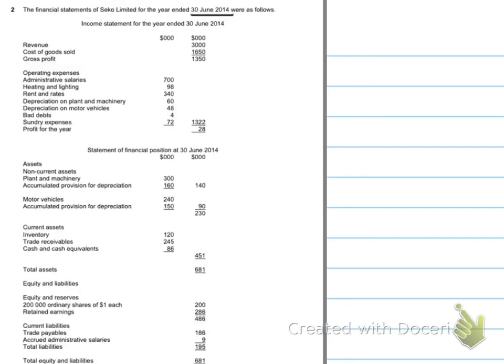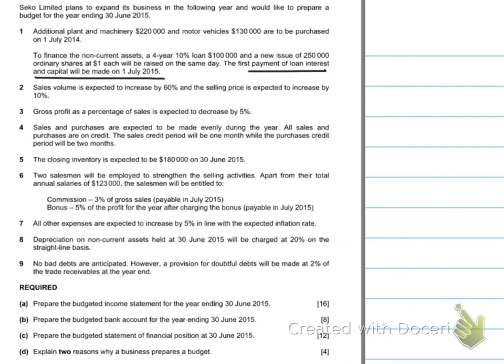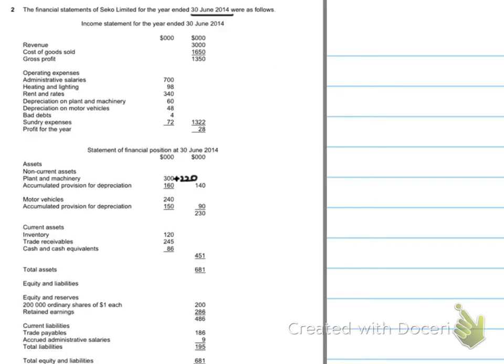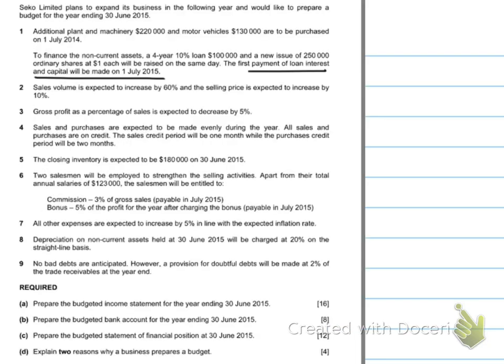So additional plant and machinery, I add 220 here, and then motor vehicles of 130,000. Then it says to finance the non-current assets, a 4-year 10% loan of 100,000.